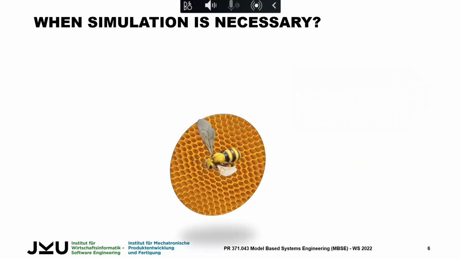Okay, I think through this discussion it is quite clear when you need a simulation, but I also try to explain that when a system is complex, then we normally need simulation.